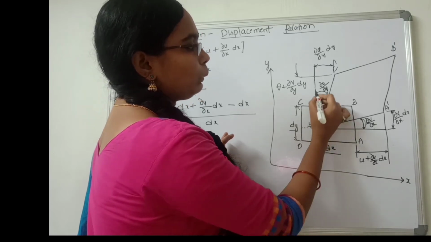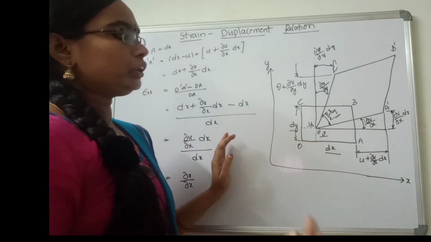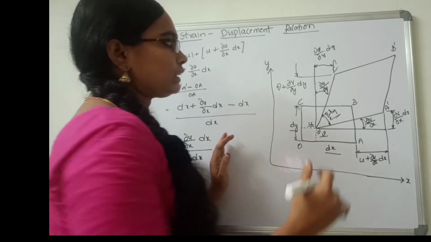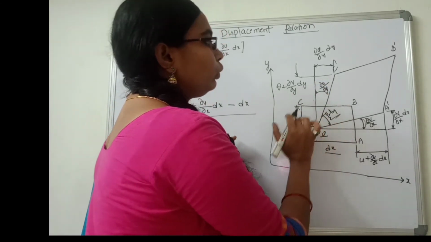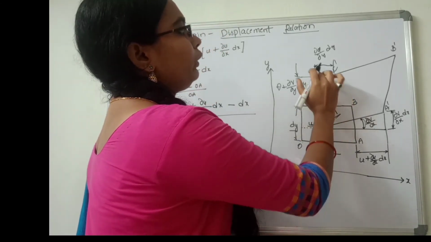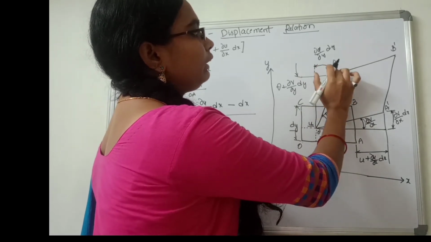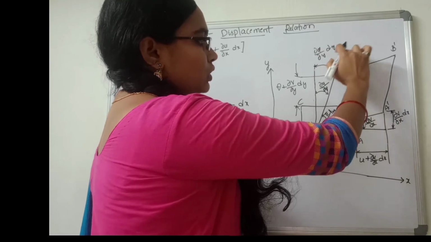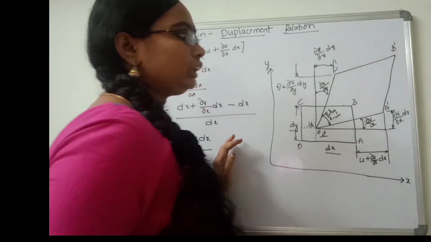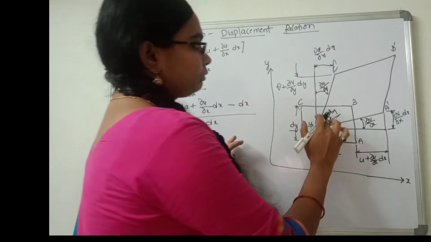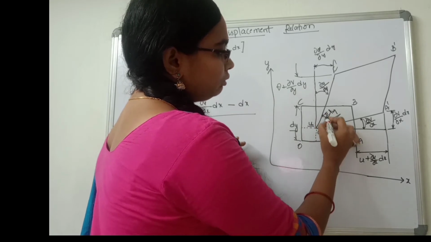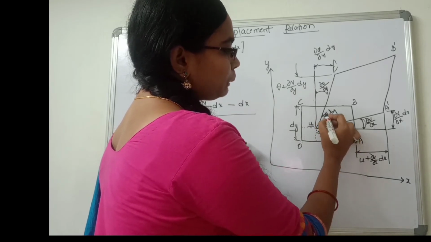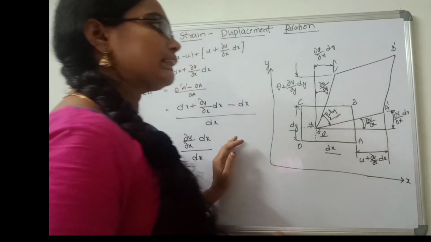That means the slope is dou u by dou y, and the corresponding length is dou u by dou y dy. So these are the main important terms, and the angle in between is nothing but pi by 2 minus gamma xy.